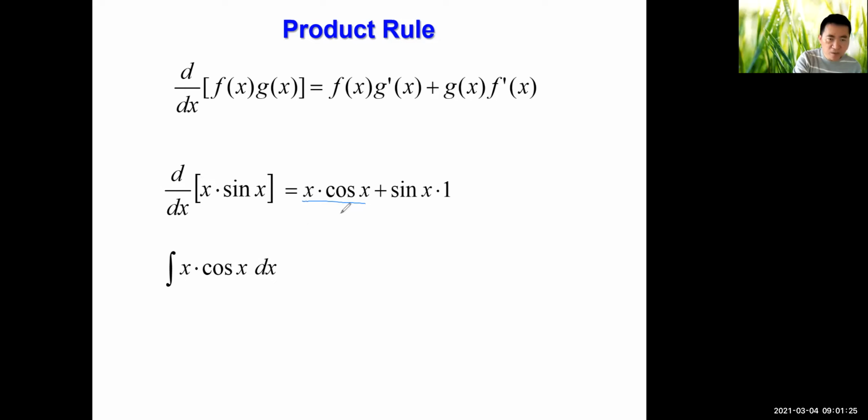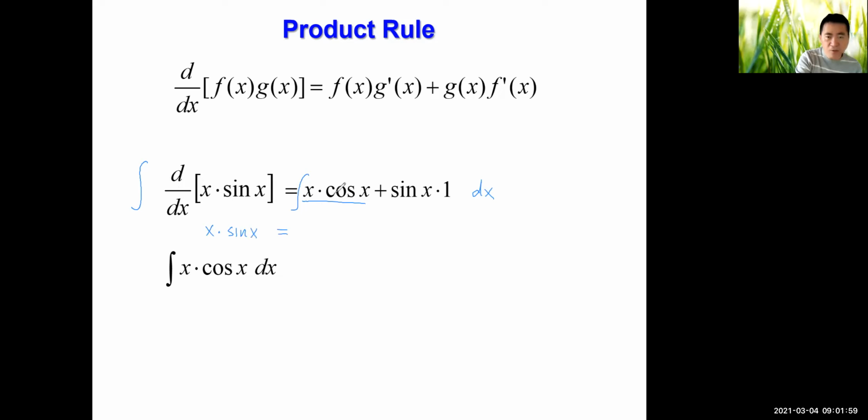Why don't we use this equality here and integrate both sides of it? If you take the antiderivative of both sides, the antiderivative and derivative kind of cancel out, so we're back to x times sine x.